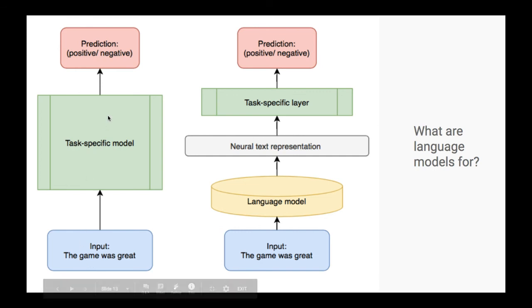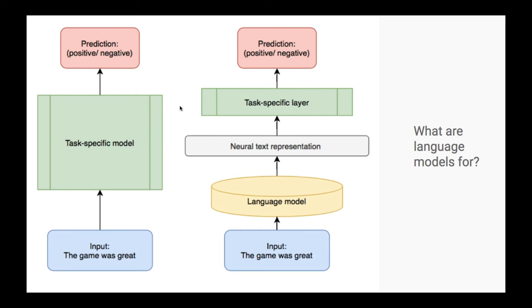In training, you have input X and label Y, and you learn to maximize the chance of predicting the correct Y given X.